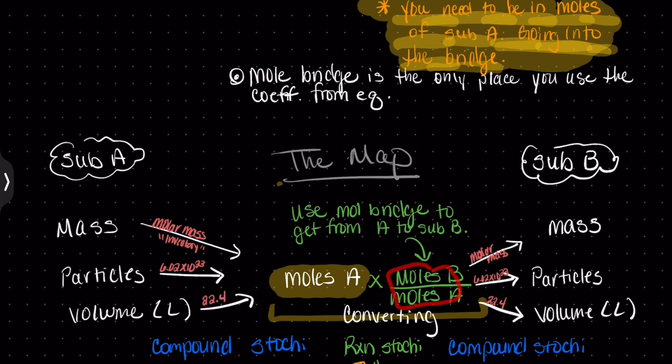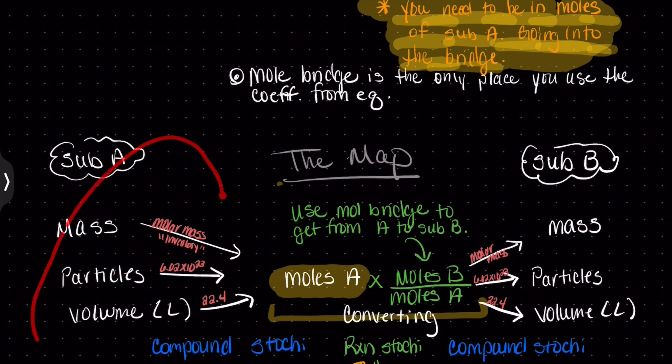This part allows us to turn from A into B. Notice how moles of A is here and moles of A is at the bottom because we're trying to get that to cancel, leaving us in moles of B to then use compound stoichiometry to get us into whatever the problem's asking us for, whether it's a mass value, particles, or volume unit.